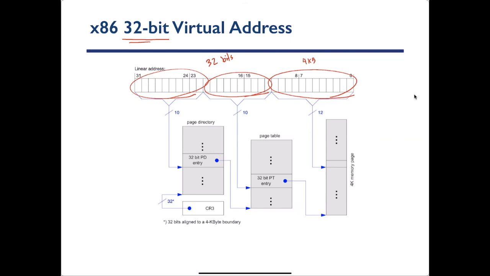You usually have a stack segment, code segment, or data segment register that you use to save your segment number. So it's kind of like extending the virtual address by adding these segment registers. And on context switch, you have to save these segment registers.